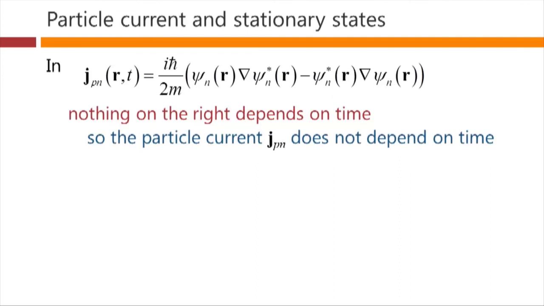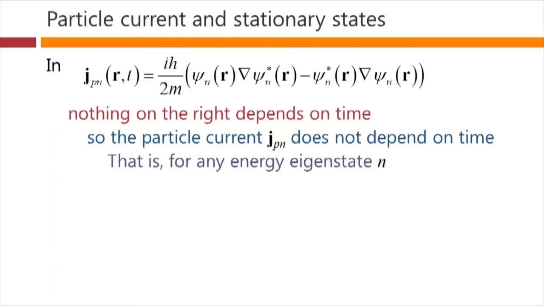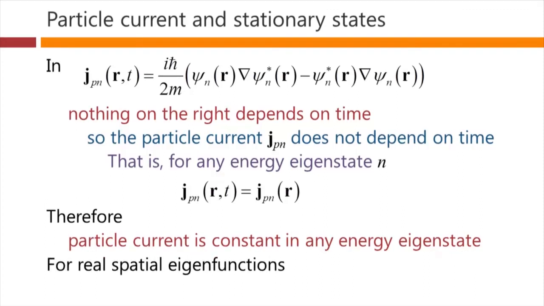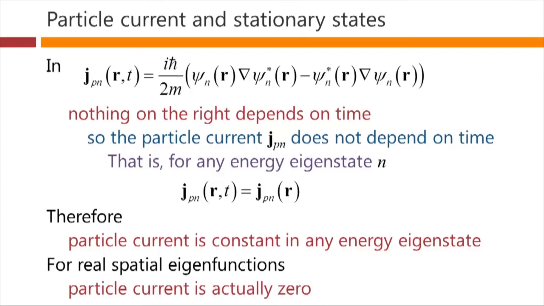So the particle current density, Jp for this nth eigenstate, does not depend on time. That is, for any energy eigenstate n, the particle current density is just constant in time. So therefore, the particle current is constant in any energy eigenstate. For real spatial eigenfunctions, in fact, the particle current is actually zero. These two terms just cancel exactly.